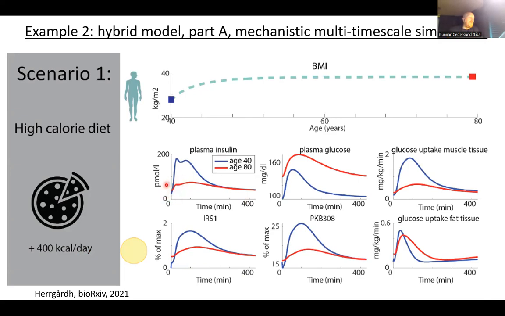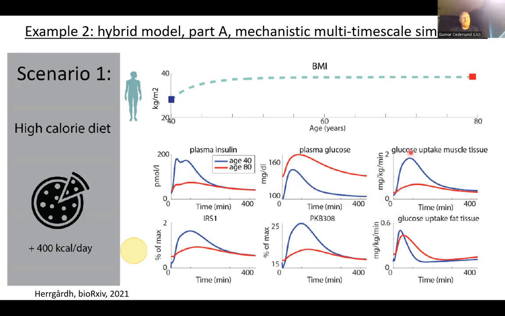And here we see in the blue curve, which is the beginning, in response to a meal, we have a big insulin response. But afterwards, 40 years later, the insulin response has basically collapsed. And because of that, we have much higher plasma glucose levels than we had before.